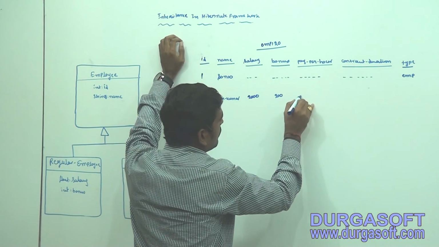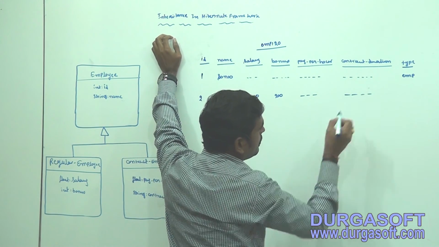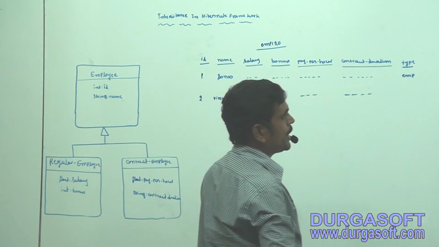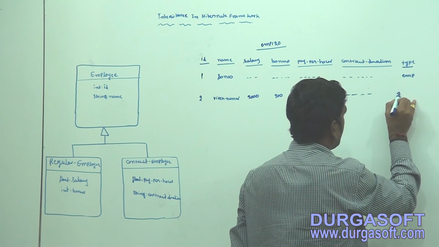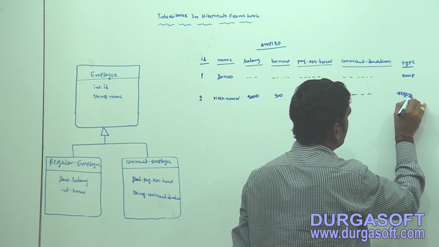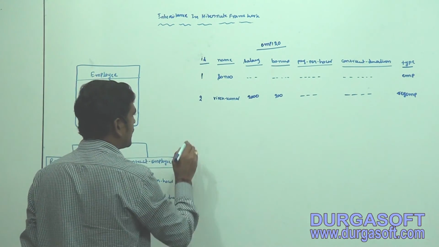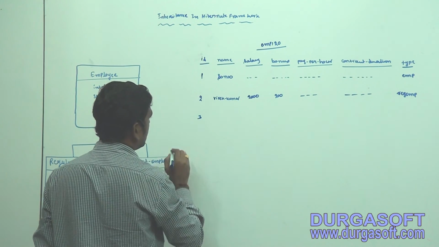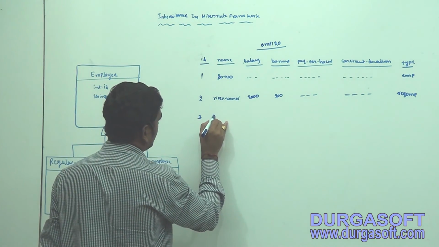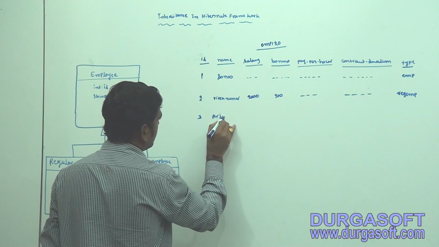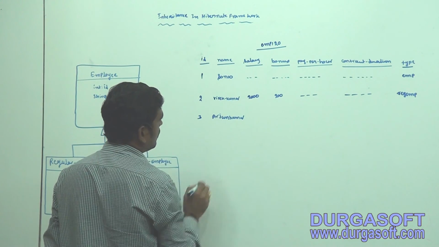Pay per hour, no. Contract duration, no. Type of the employee, regular EMP. The next, third, name of the employee, Arjun Kumar.